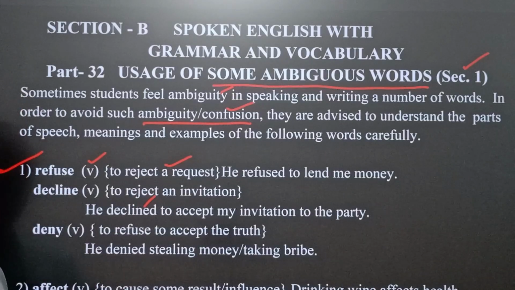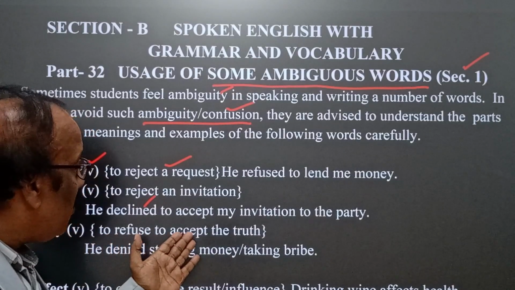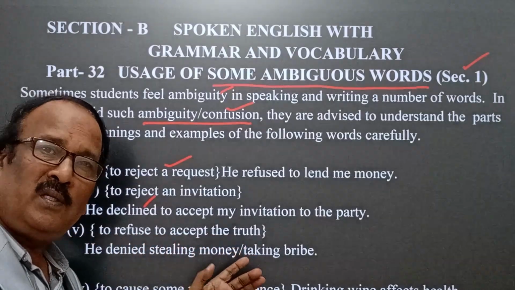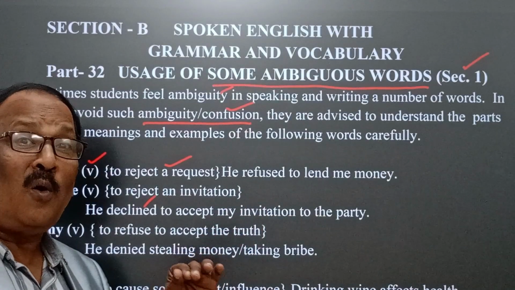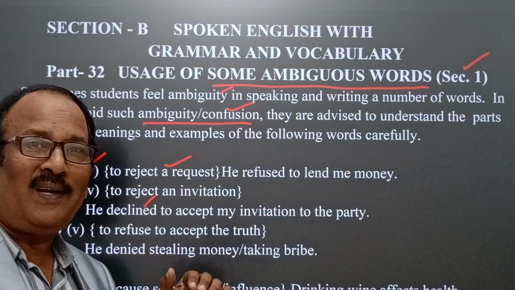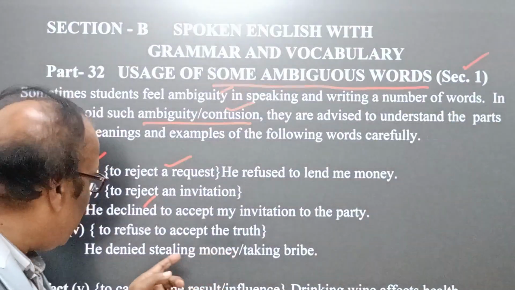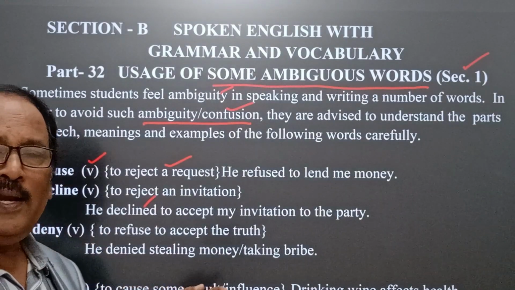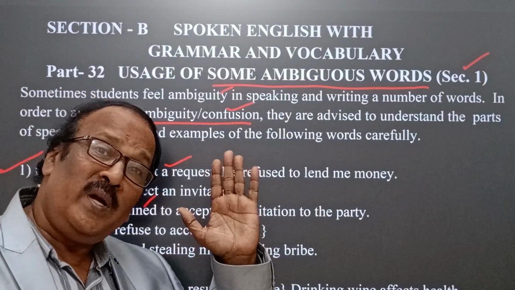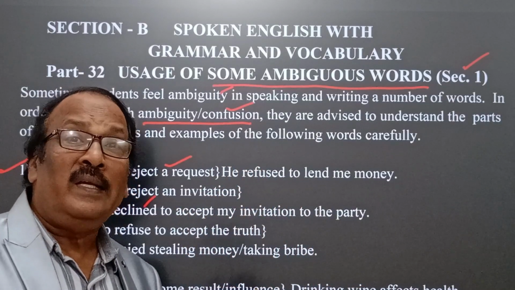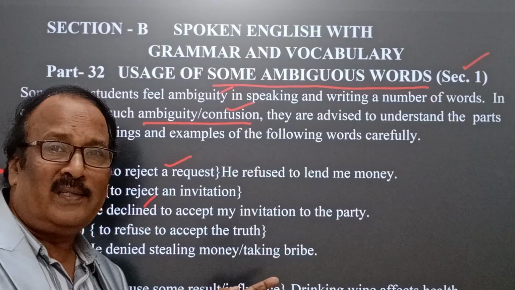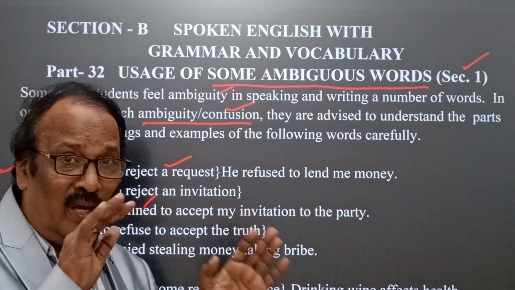Okay, next, deny. Deny means to refuse to accept the truth. It means something is true, but someone is not ready to accept that truth. In that case, deny is used. It means someone has committed a mistake, but he is not ready to accept his mistake. Okay, then how?